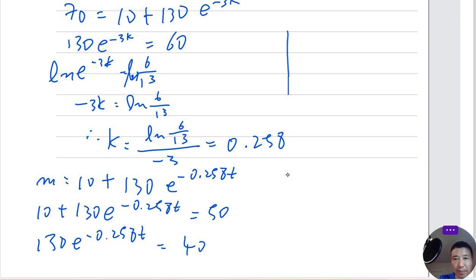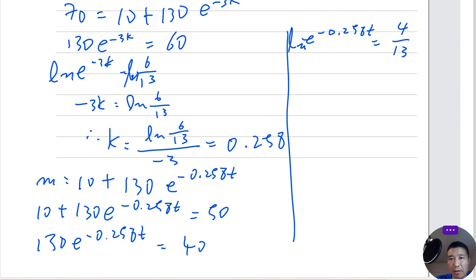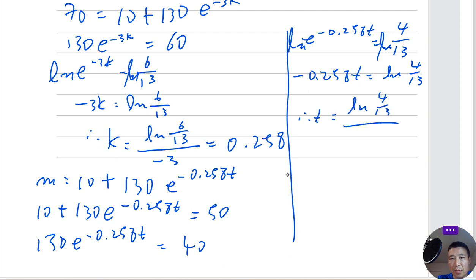So here, e to the power of negative 0.258t equals 4/13. Again, we put natural log on both sides. So that leaves negative 0.258t equals natural log 4/13. Hence, t equals natural log 4/13 over minus 0.258.